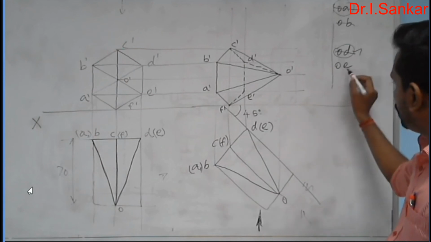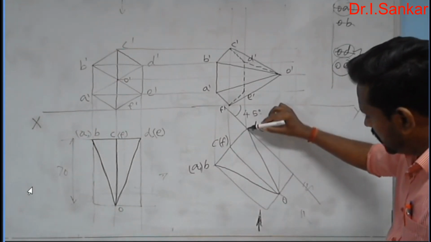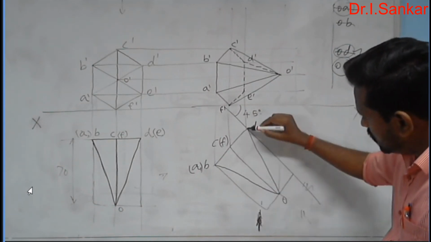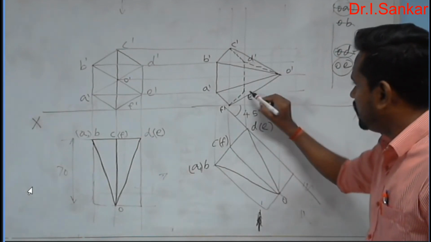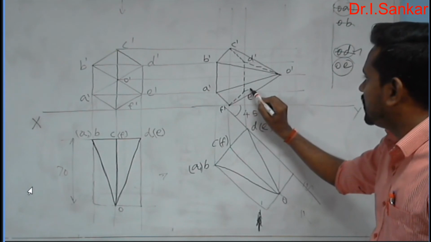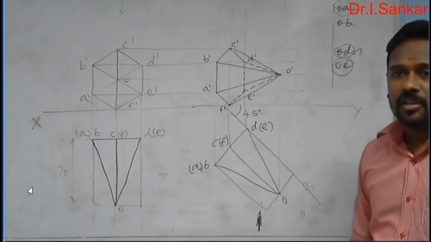And the only one remaining edge is OE. Here it is, OE. You are standing in the front side of the solid, seeing the solid. The edge OE is in the back side of the solid. So definitely OE is invisible. So connect O dash E dash as invisible edge. Now the duty is over.